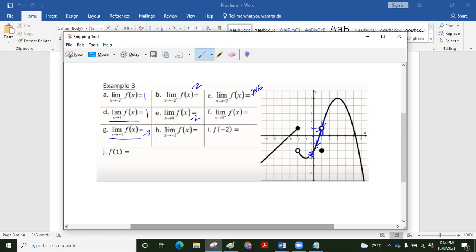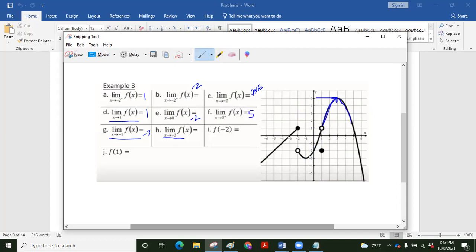Here, the limit as x approaches 3 from the left. So we're looking at 3 and we're coming in from the left. That should be 5. The limit as x approaches 3 generally, we know what the limit is from the left.